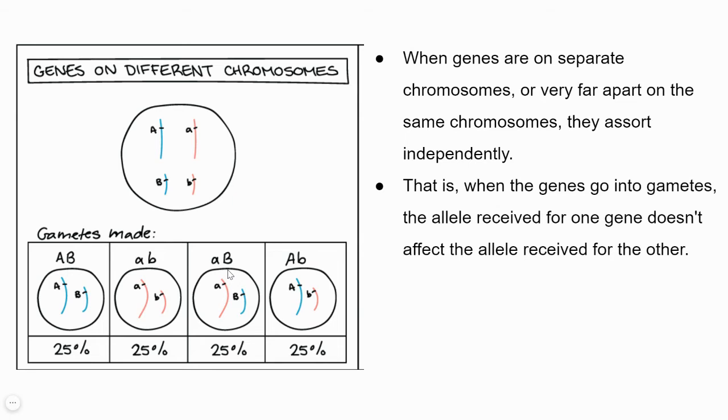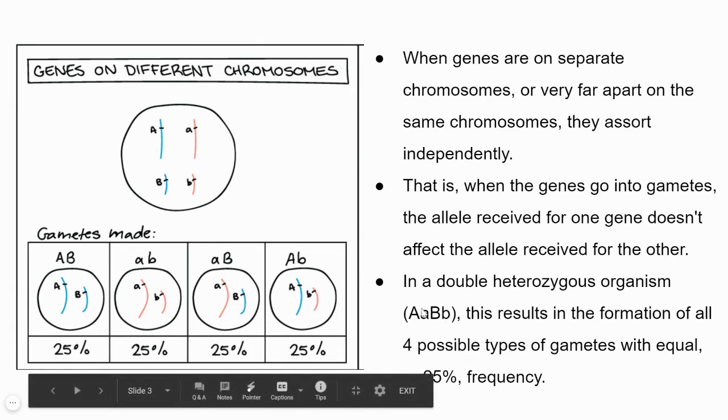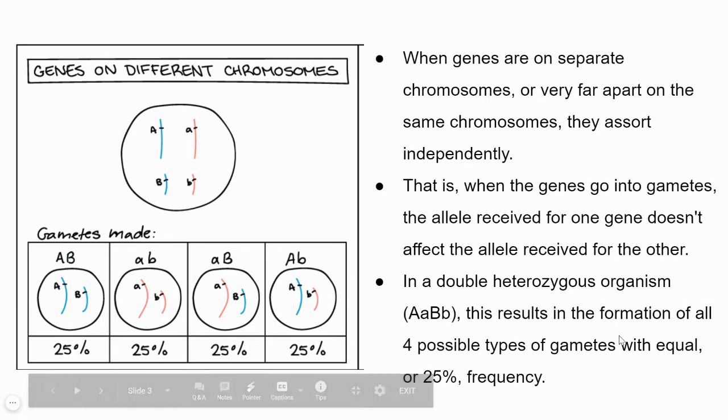That is, when the genes go into the gametes, the allele received for one gene does not affect the allele received for the other. Now, in a diploid cell where the genotype is capital A small a, capital B small b, meaning it is a double heterozygote, it will form four possible types of gametes with 25% frequency of having any combination of alleles of these two genes.